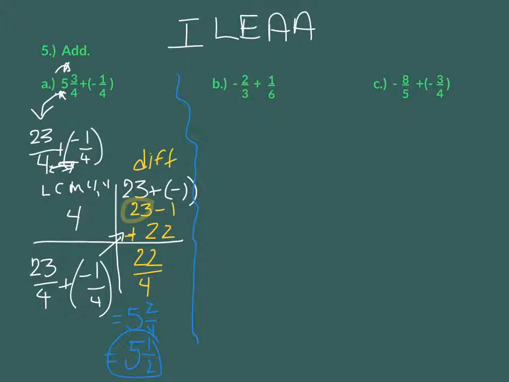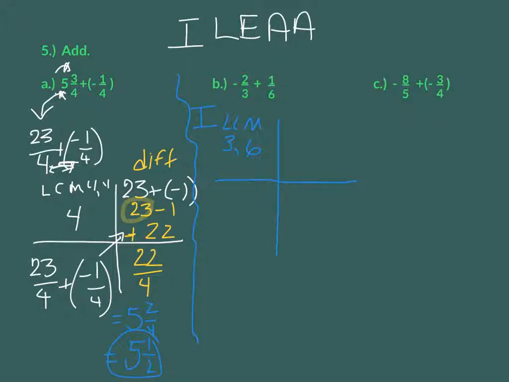Next, I've got negative 2/3 plus 1/6. I don't need to make them into improper fractions because I don't have any mixed numbers. So I'm going to set up my graphic organizer. Next I need the least common multiple of 3 and 6.